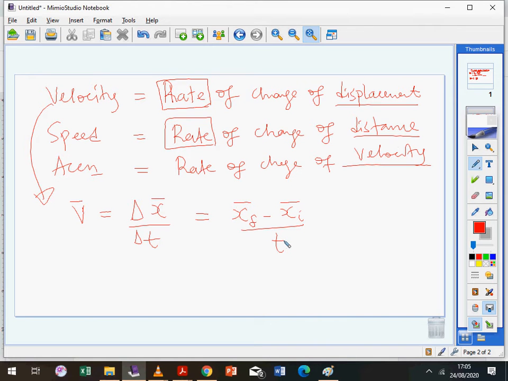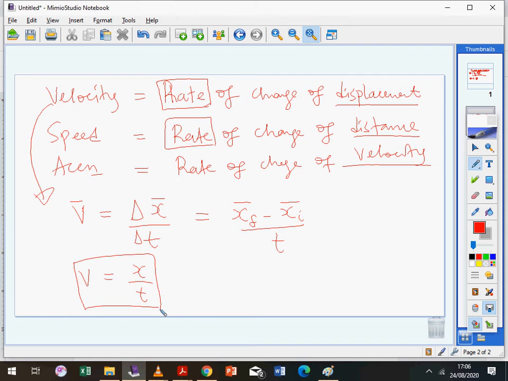So that's velocity. Velocity is rate of change of displacement. Speed, on the other hand, is just a v, and it will just be distance divided by time. Because distance is a scalar quantity, time, scalar quantity, and speed, in this case, would also be a scalar quantity.